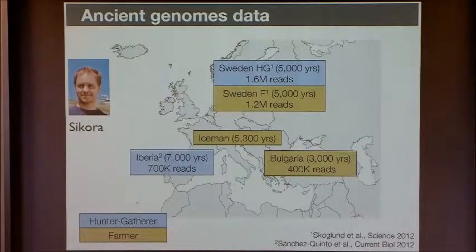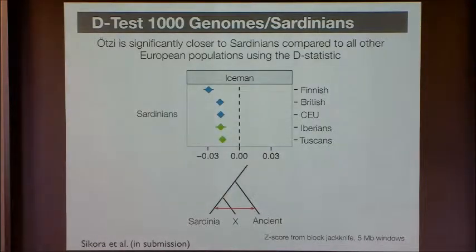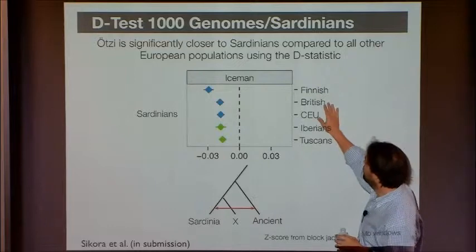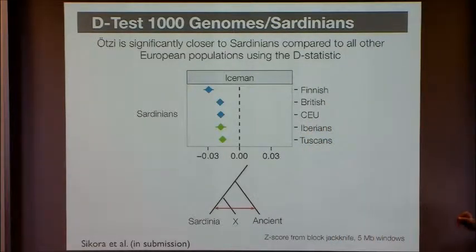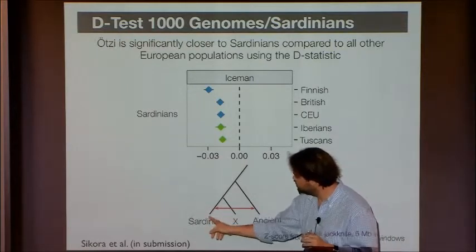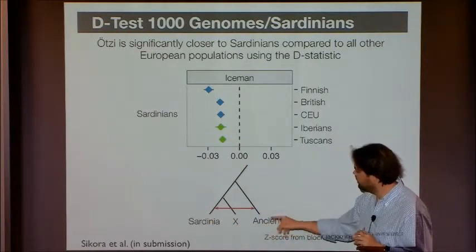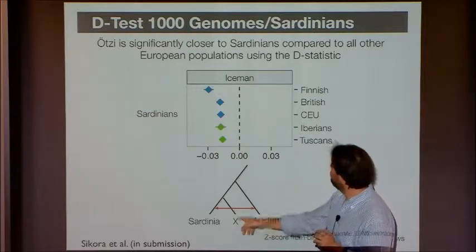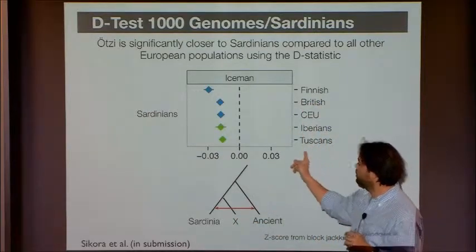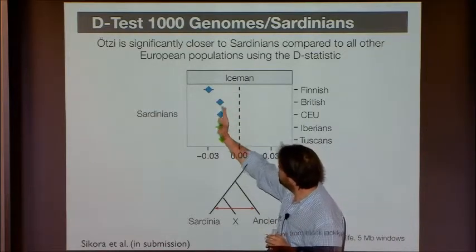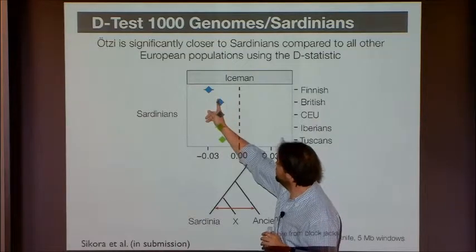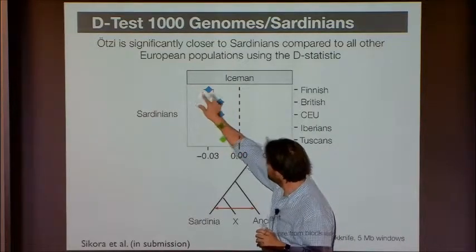One of the main results of that analysis: if you use David's D-test and you look at Iceman, for example, the D-test, as you'll recall, is a test for gene flow, where here's Sardinia, here is our ancient sample, here's what we're comparing to. In this particular case, Iceman, this is the D-statistic, and this is the level of the Z-score.